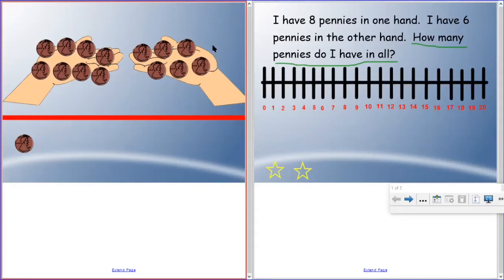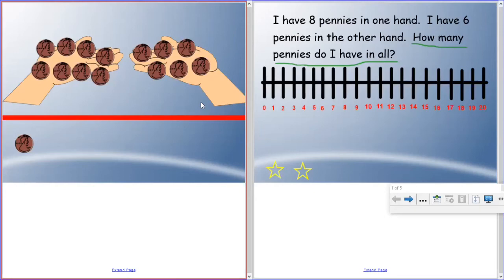Now let's go back and recount to make sure we have the correct amount. 1, 2, 3, 4, 5, 6. Yes, we have the correct amount in that hand.